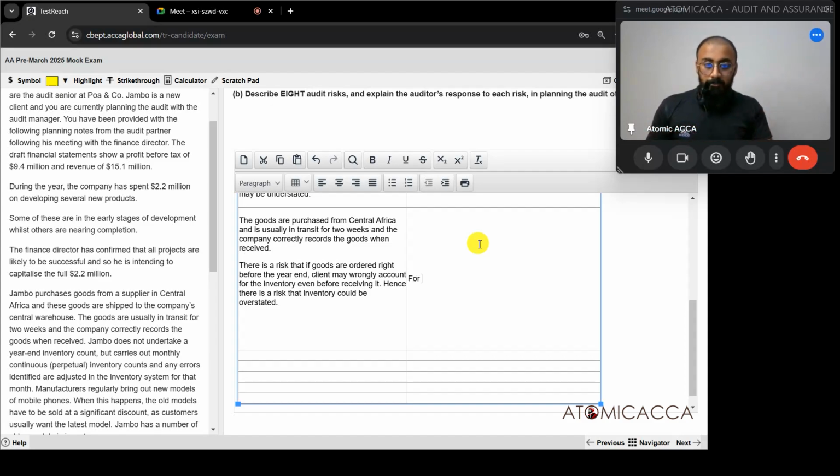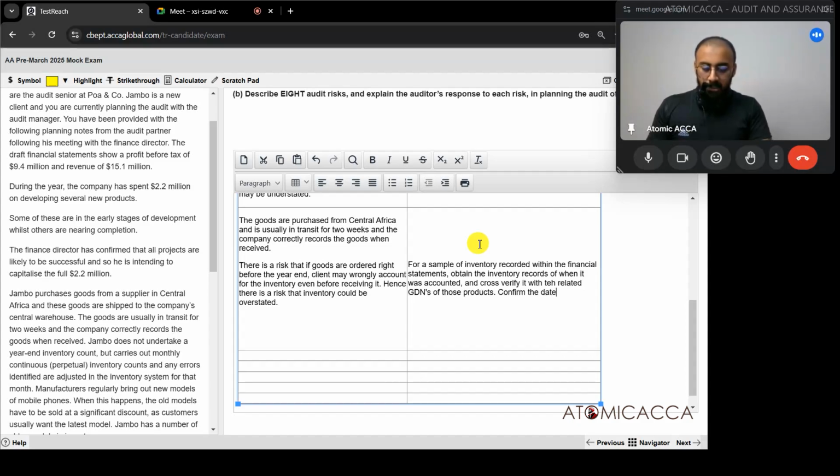For a sample of inventory recorded within the financial statements, obtain the inventory records of when it was accounted and cross verify it with the related goods dispatch notes of those products.